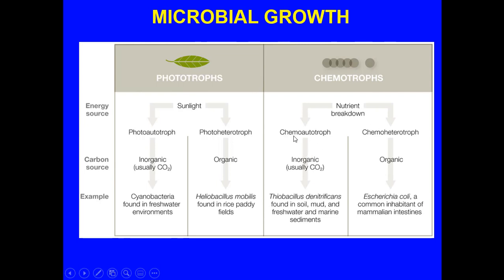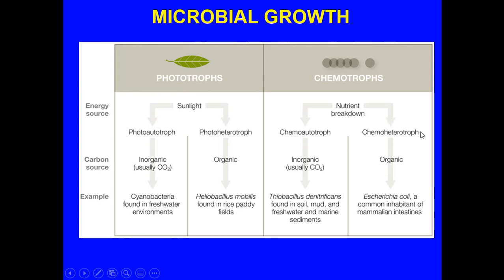Nutrient breakdown, chemoautotroph. Its carbon source is inorganic, usually again carbon dioxide. Thiobacillus denitrificans is found in soil, mud, freshwater, marine sediments. So it uses certain chemicals to break down, provide the energy so that it can take inorganic compounds and make them into organic compounds.